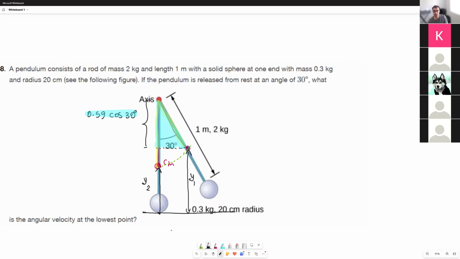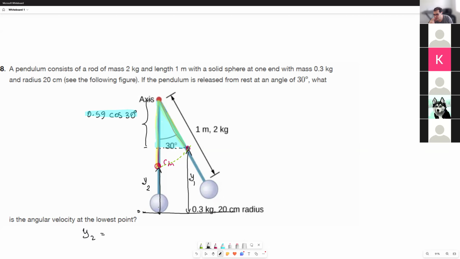First tell me, what is y2? Give me y2, the height of the center of mass when it's completely vertical. It's half of the length plus the radius? One by one. Aaron, go ahead.